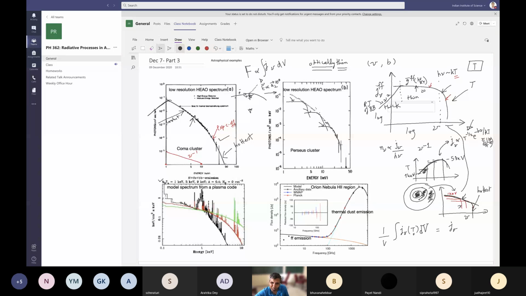That's if you consider only one electron, but we are considering an ensemble of electrons, with electrons coming from all directions. So this directionality goes away when you sum over a bunch of electrons. The other thing that we are making an implicit assumption about is that we are adding up the intensities, right? We calculated emission due to a single electron and then added up the powers due to multiple electrons.